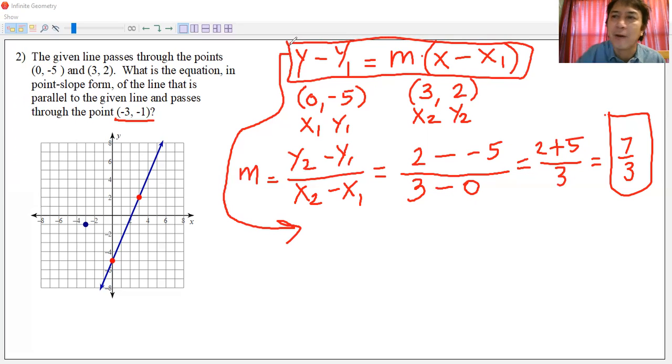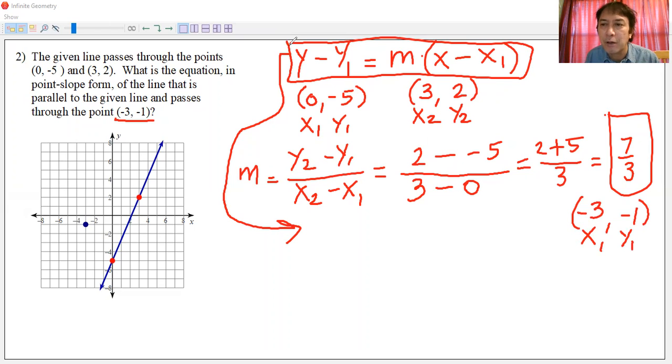So our given point is negative 3, negative 1 in the third quadrant. So this is x1, y1 there.